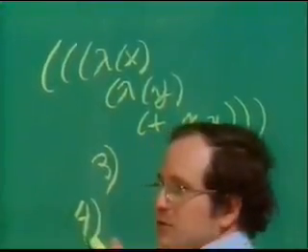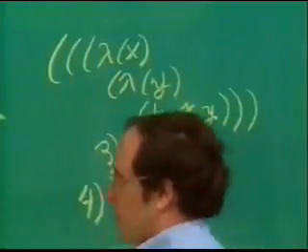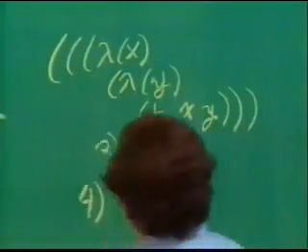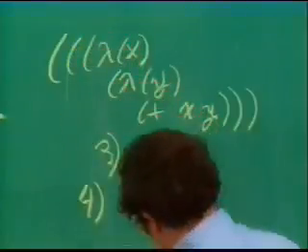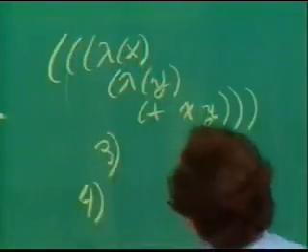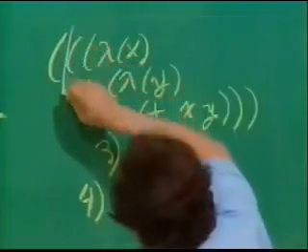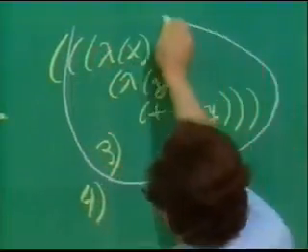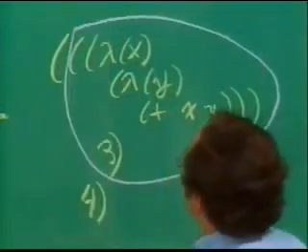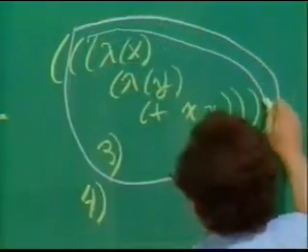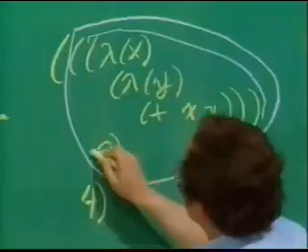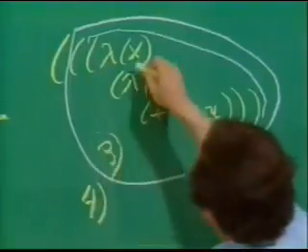Is that not what I wrote? Okay, now, you should immediately see that here is an application. Here is an application, a combination. Okay? That combination has, this is the operator, and this is the operand. The 3 is going in for the x here.